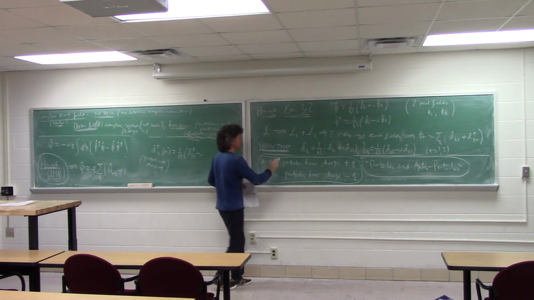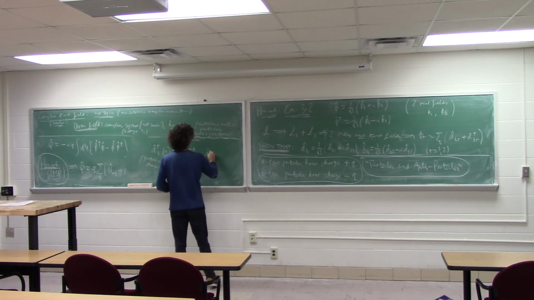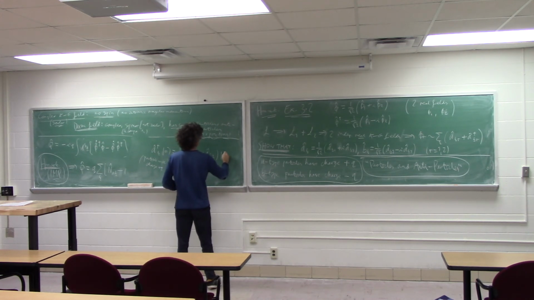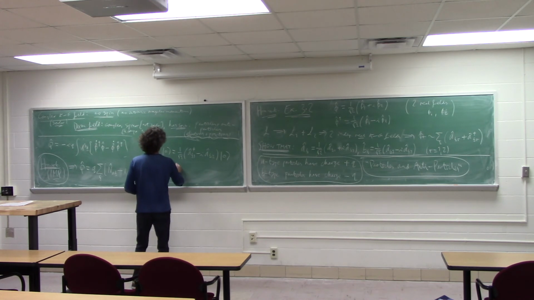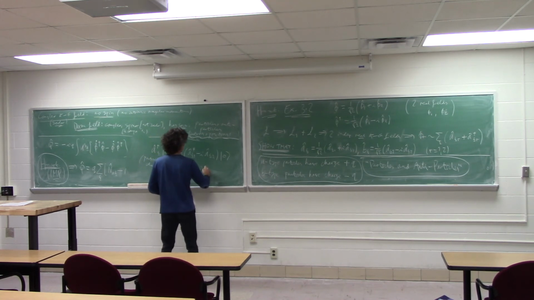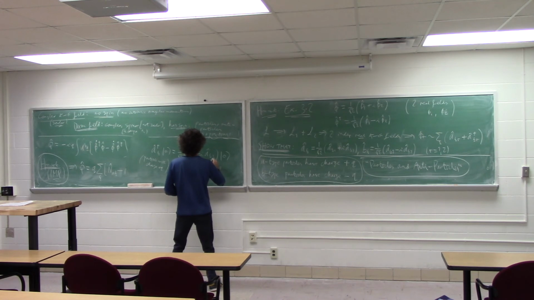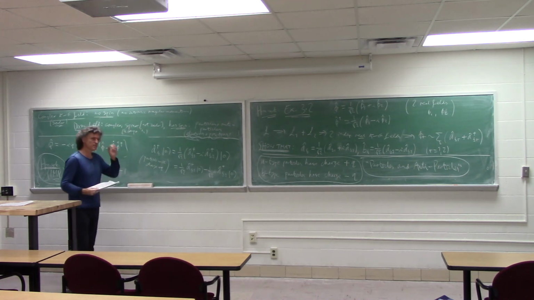So I'm taking the Hermitian conjugate of this relation here. In other words, it's 1 over root 2, sorry, I've got a dagger here. So what does this mean?